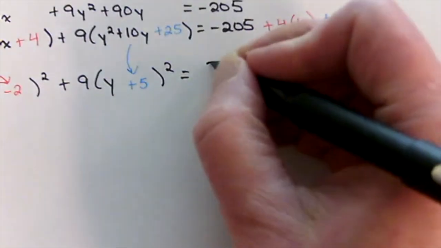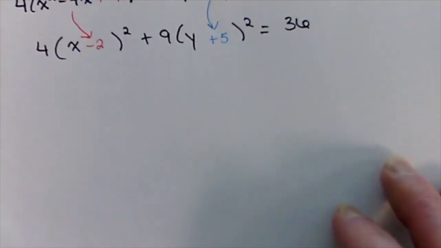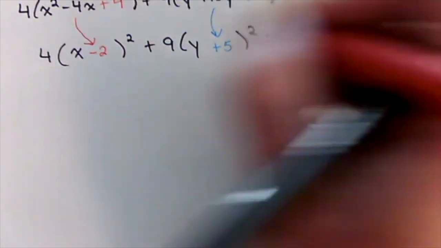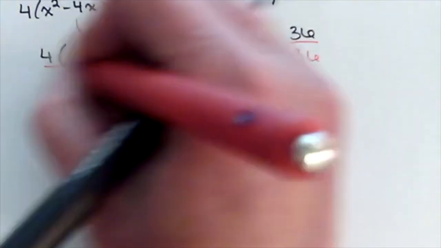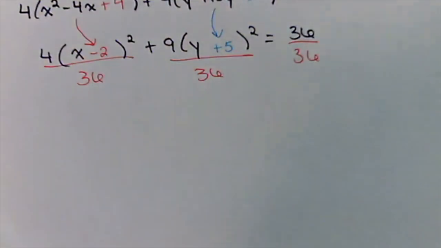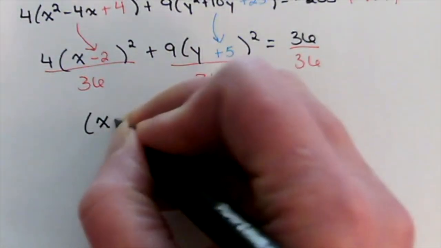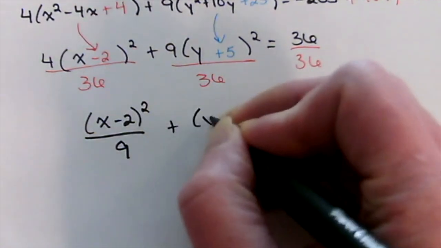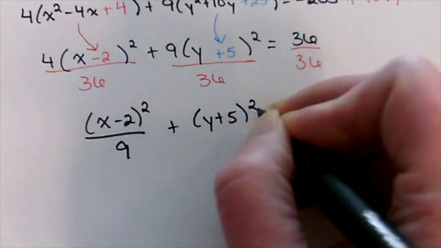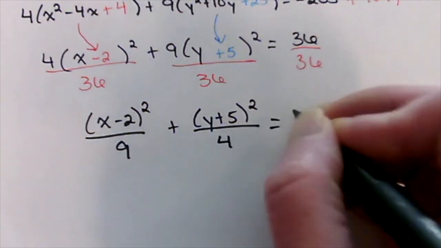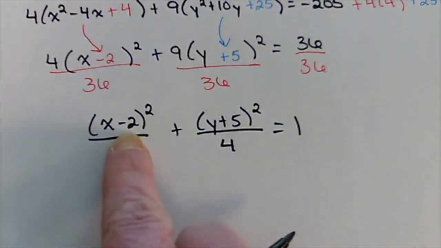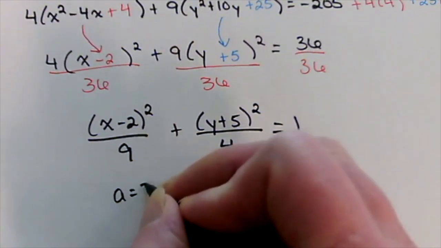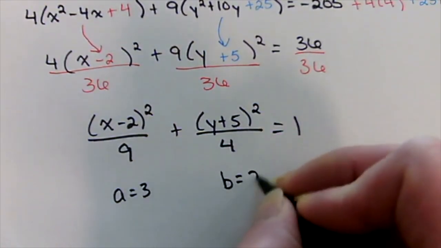And I get 36. I'm going to divide by the 36, so I get a 1. So my center is going to be 2, negative 5. A is 3, B is 2.